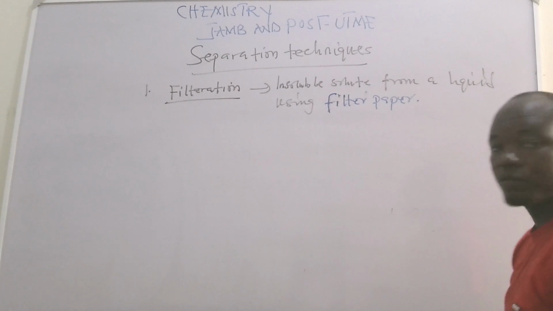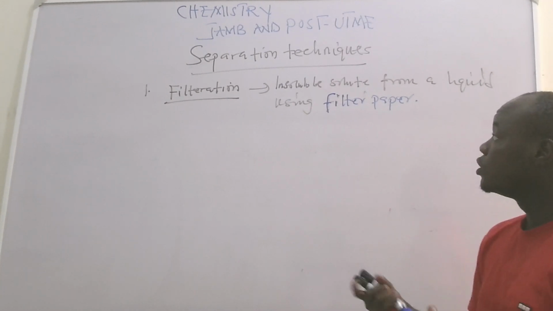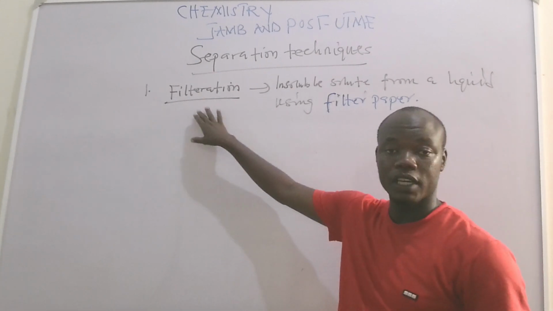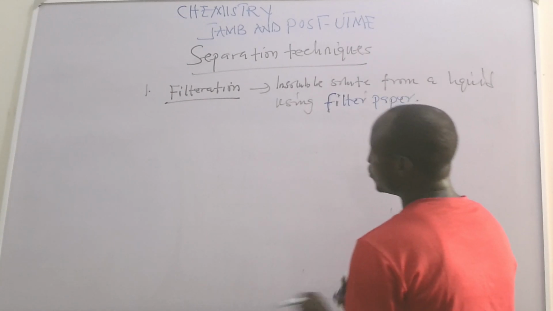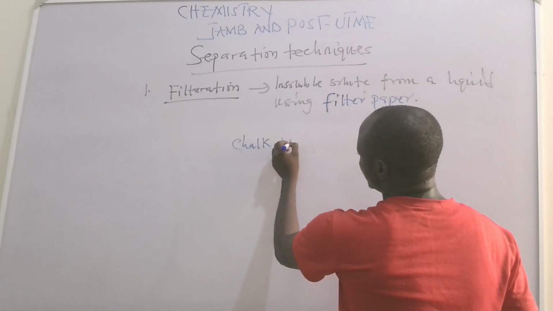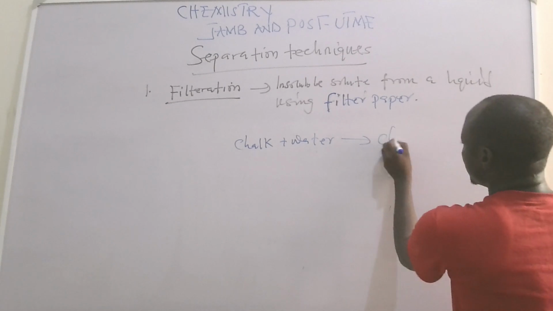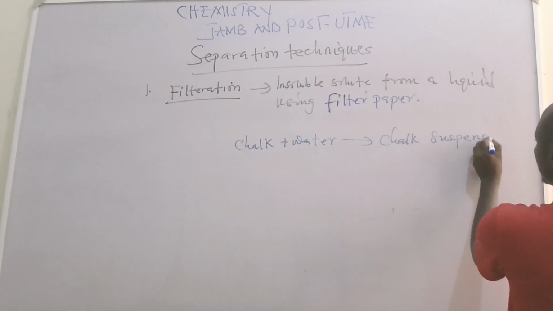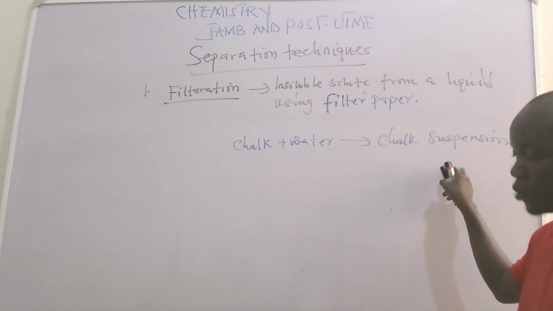So if you have a mixture that contains insoluble solids in a liquid, the best way to separate that kind of mixture is filtration. For example, if you have chalk plus water, it will give us what is called a chalk suspension.